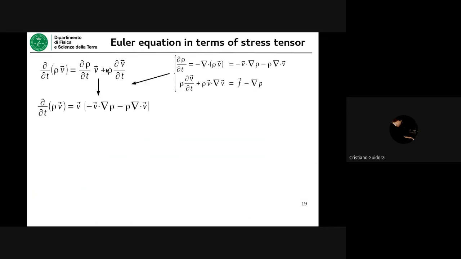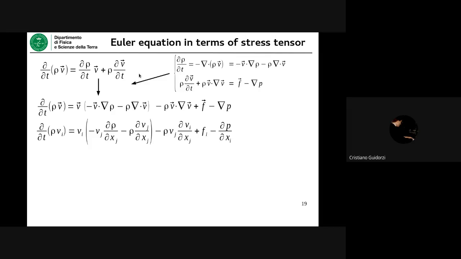The second one, rho partial derivative of v with respect to time, I can just exploit the Euler equation: this is just minus this, plus f minus gradient of p.